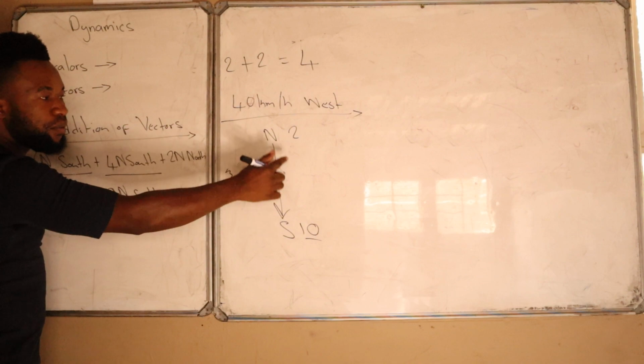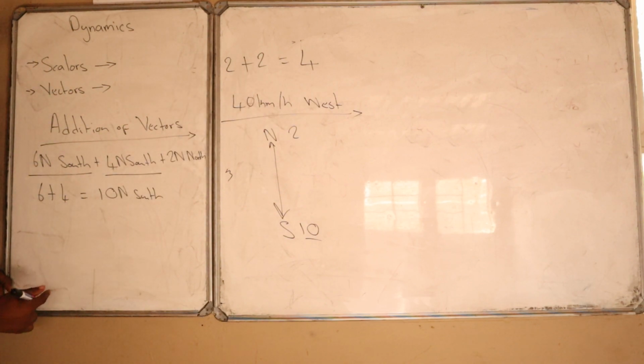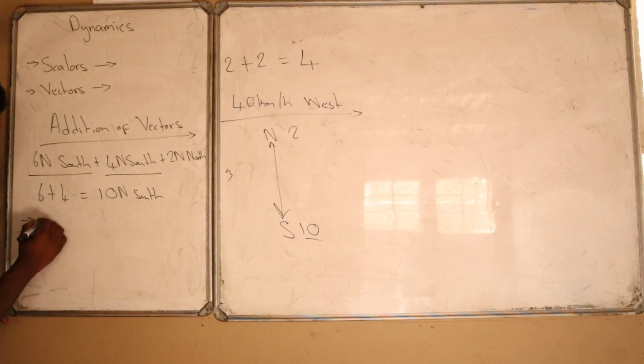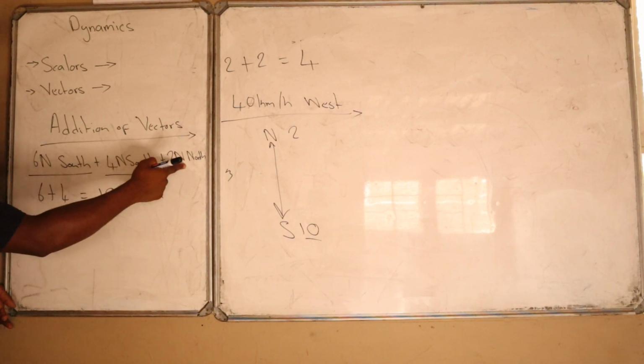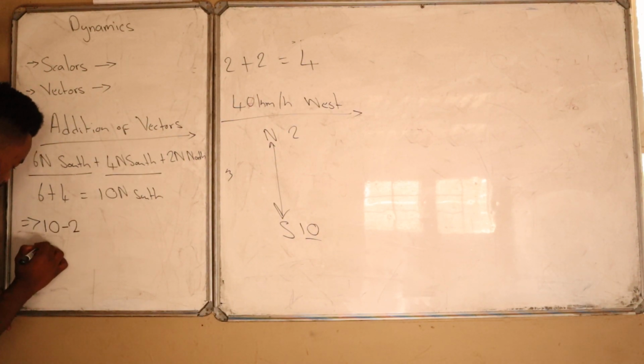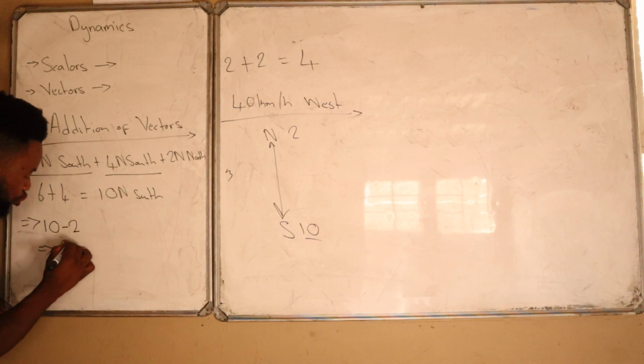The other one is going down, and the 2 is going up. When you have such directions, you subtract. So here, you look at which one is bigger. I have 10 going to the south, minus the one which is opposing, which is 2, and my answer will be 8.